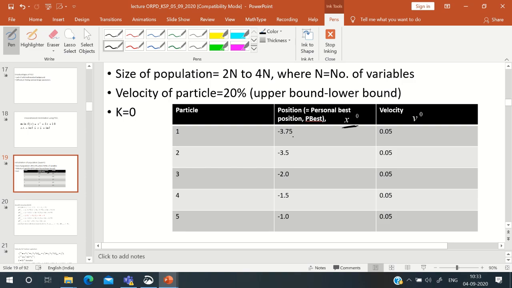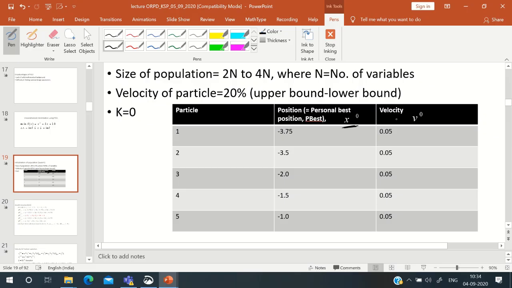So randomly initialize these values. For the first particle, I have considered minus 3.5. For the second particle, I have considered minus 3.5. It means x value. For third, minus 2. For fourth, minus 1.5. For fifth, minus 1. You can consider the positive values as well. There is no problem. Your value should lie between minus infinity to plus infinity. So this is the first step.